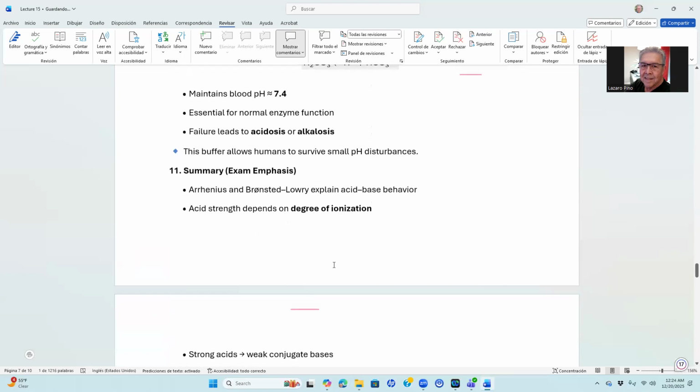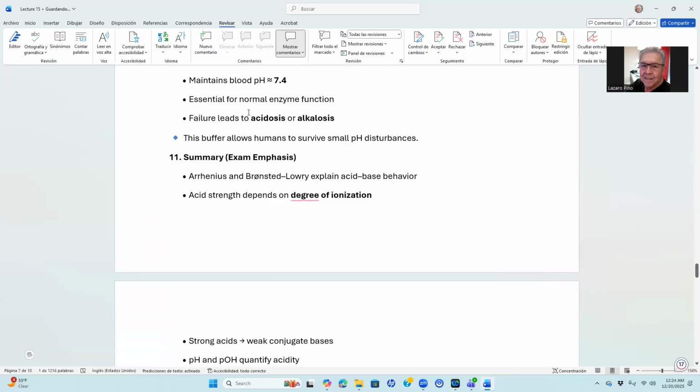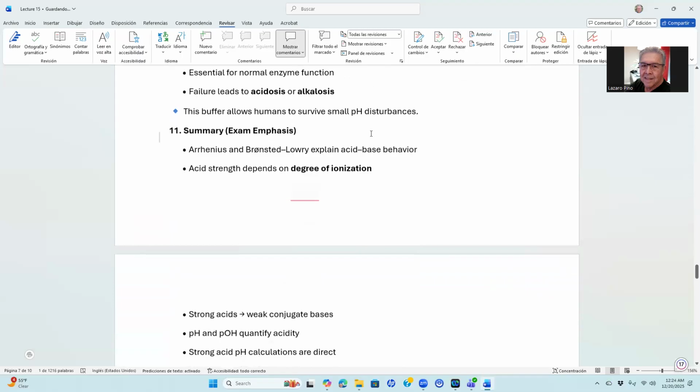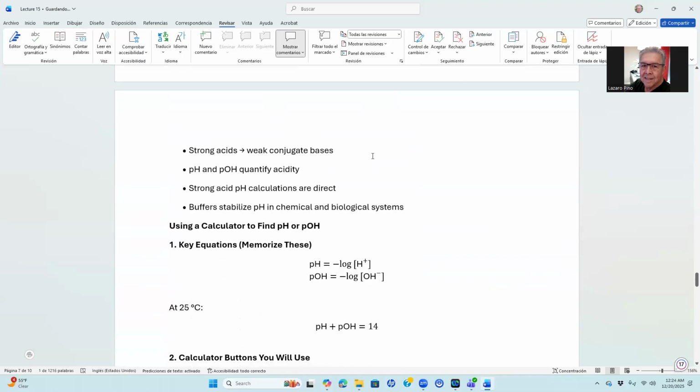Then when the pH is lower, we have acidosis. When the pH is higher, we have alkalosis. These are two very serious health problems in the human body.